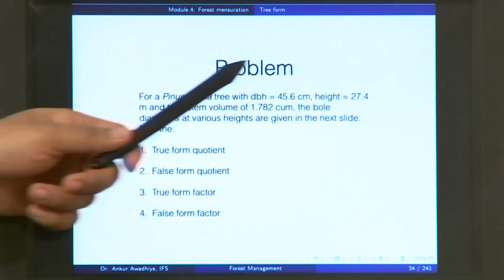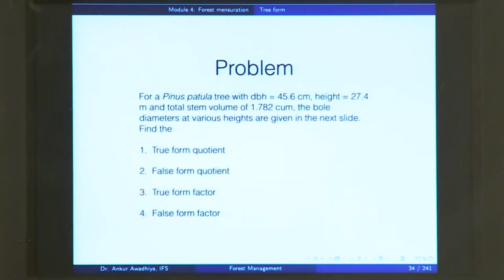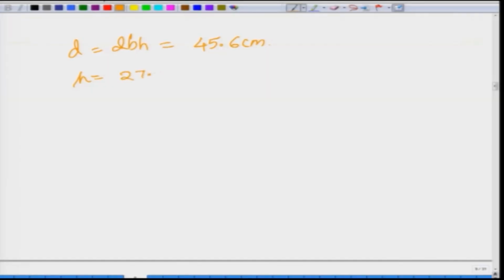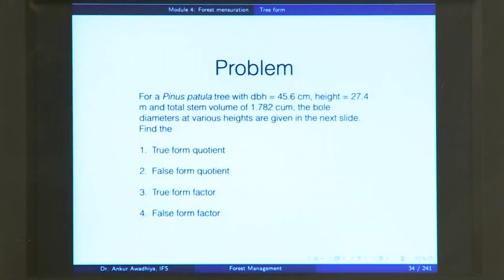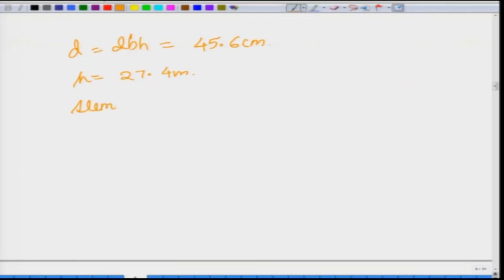The height of the tree is given as 27.4 meters. H is equal to 27.4 meters, and the total stem volume is 1.782 cubic meter. So, you have the stem volume is equal to 1.782 cubic meter.